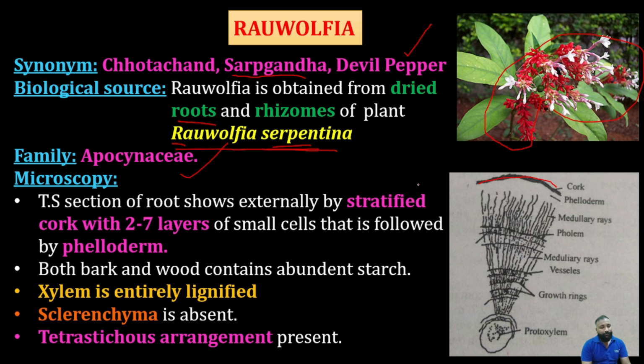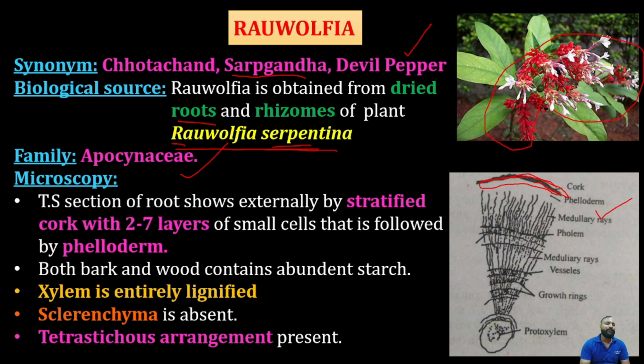It consists of striated cork with 2 to 7 layers. Look here, even though diagrammatically we represent it very small, it is 2 to 7 layers of small cells followed by phelloderm, and there will be a medullary ray also, and phloem fibers.